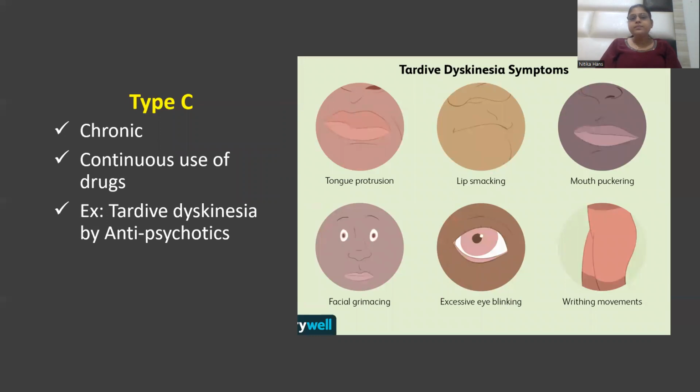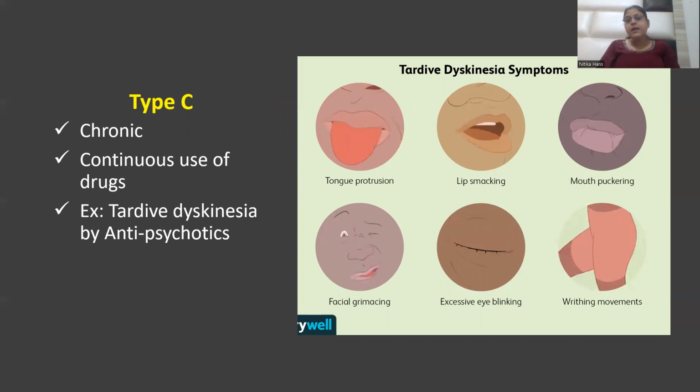Chronic is when there is continued use of the drugs, and that can lead to tardive dyskinesias by the antipsychotic drugs. Antipsychotic drugs can lead to tardive dyskinesia, which is the side effect of antipsychotics like haloperidol, triflupromazine, or amisulpride.